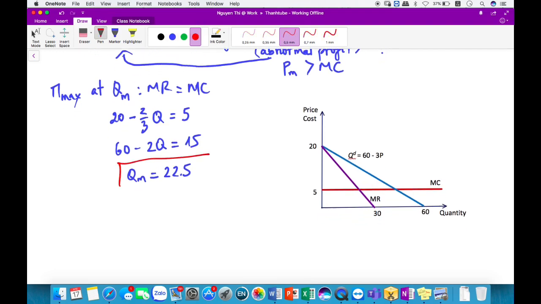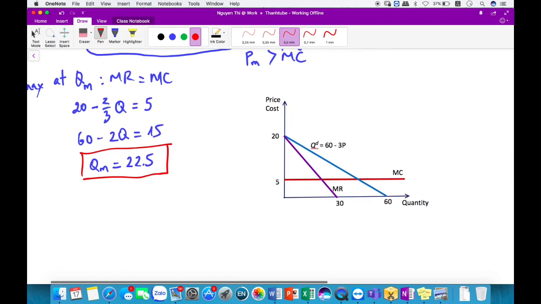So this is the output under monopoly. This comes from the intersection point between marginal revenue and marginal cost, down here we have 22.5, and this is QM.